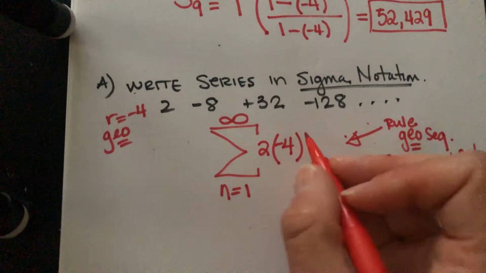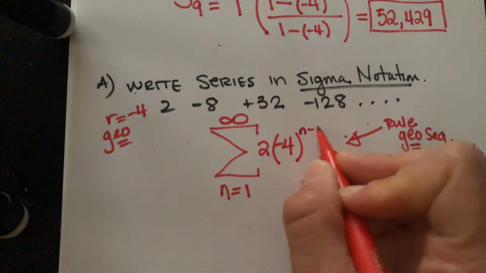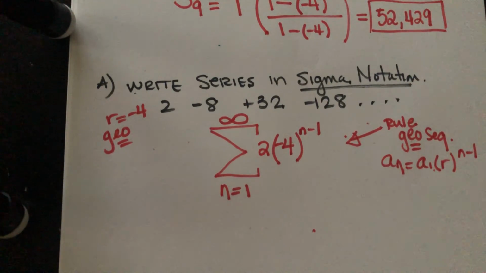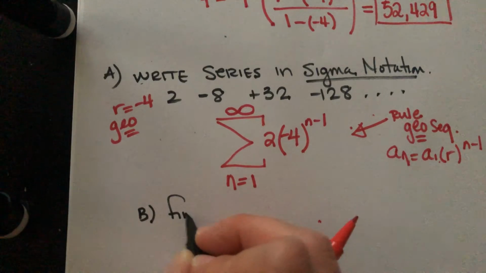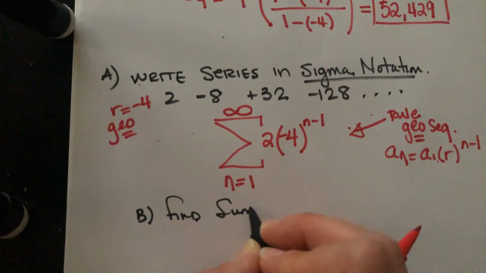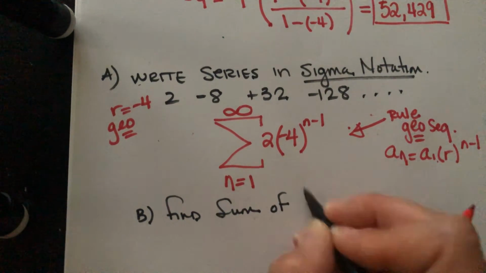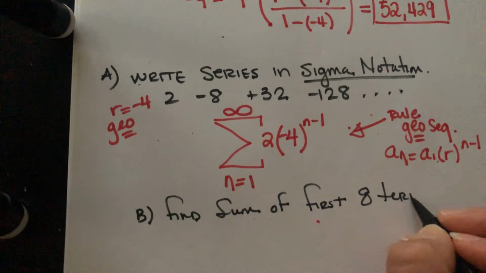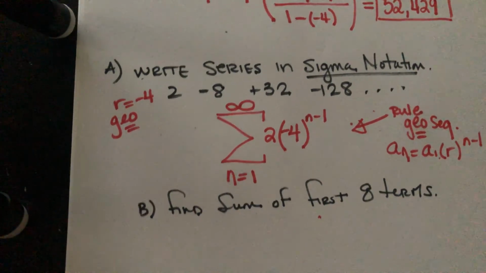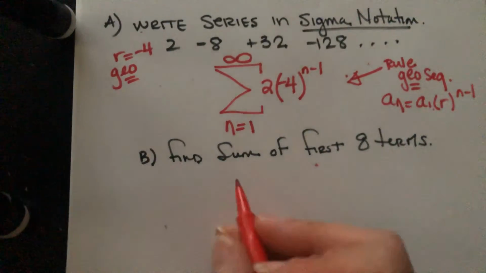And then n minus 1. Now, my part B is going to say, find the sum of the first 8 terms. Okay, so you know it's geometric.